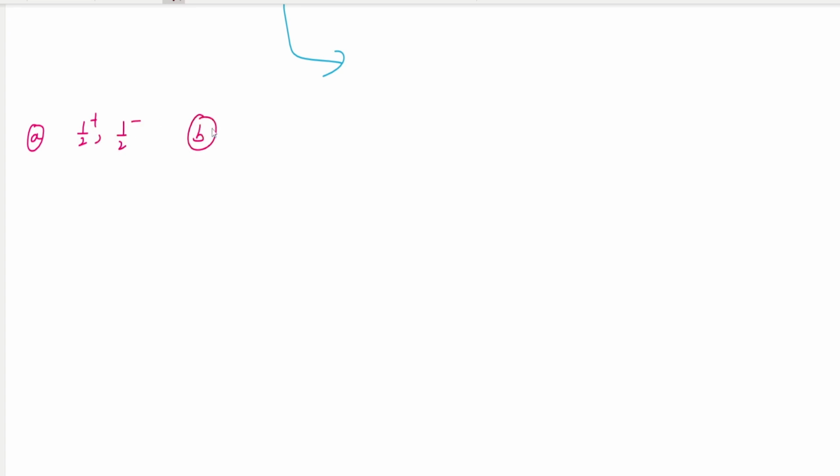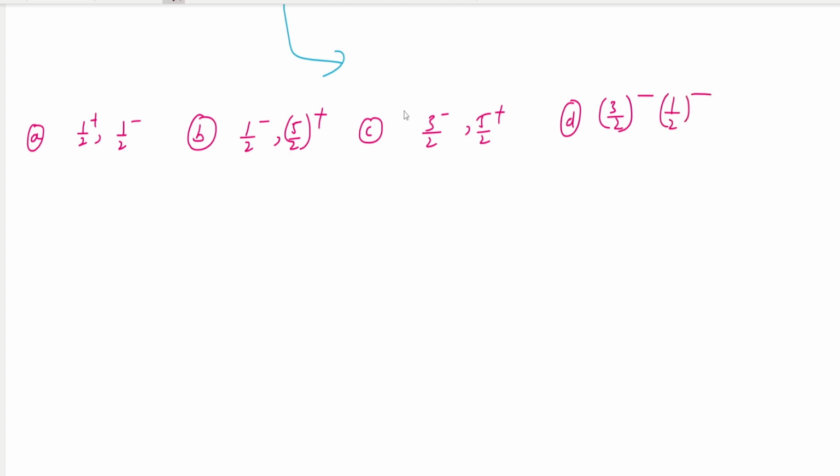Option B is 1 divided by 2 minus, 5 divided by 2 plus. Option C is 3 divided by 2, 5 divided by 2. Option D is 3 divided by 2 minus, 1 divided by 2 minus. So it is clearly indicating option A and D are not related. So we need to find option B or option C.